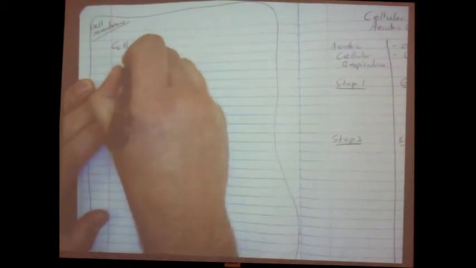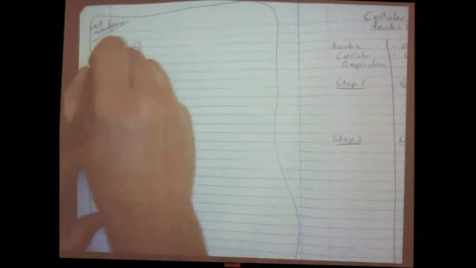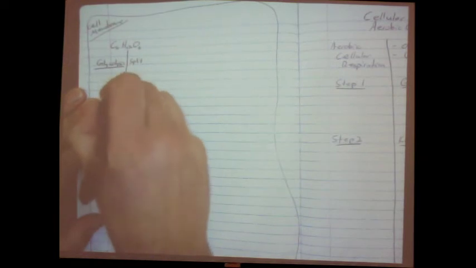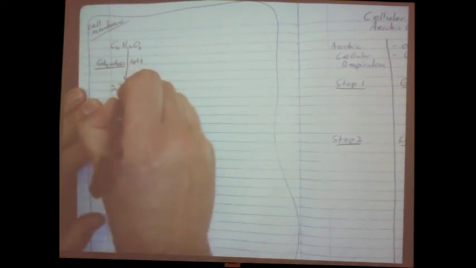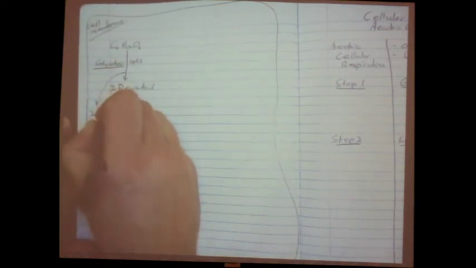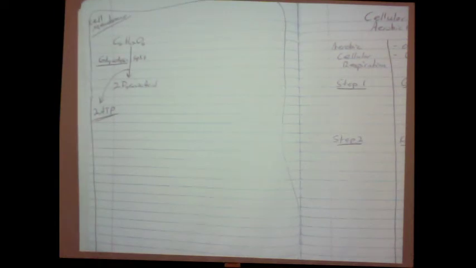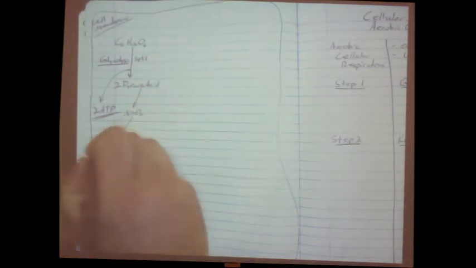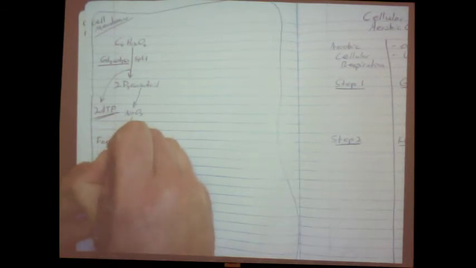This glucose is split in the process of glycolysis, and it produces 2 pyruvic acid molecules and, very importantly, 2 ATP. That's exactly what we talked about in our last class. If there is no oxygen, then we have fermentation.